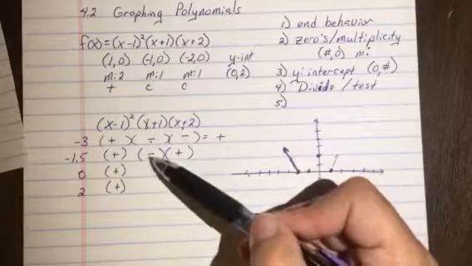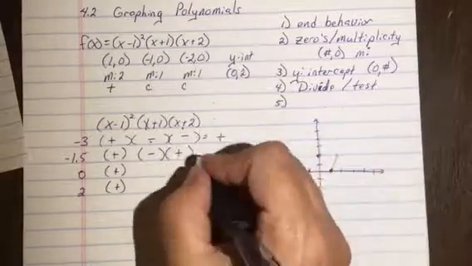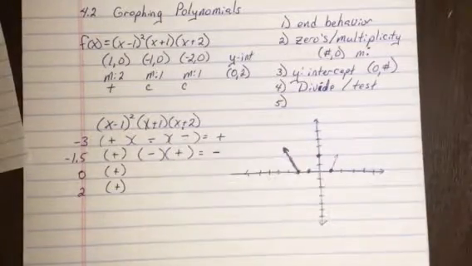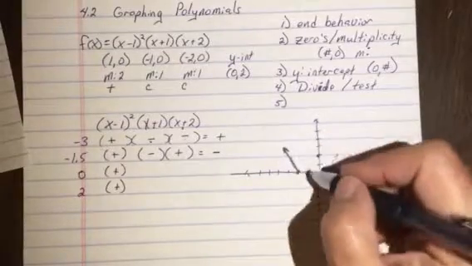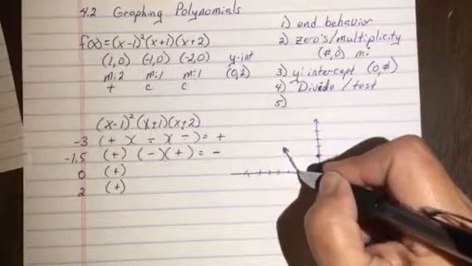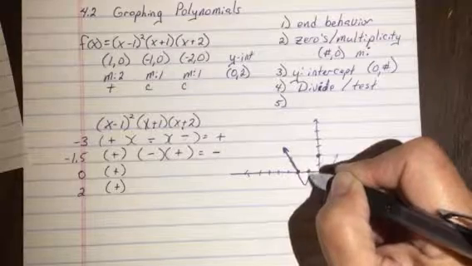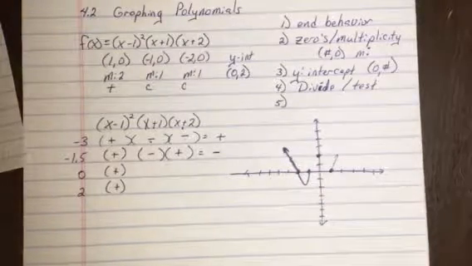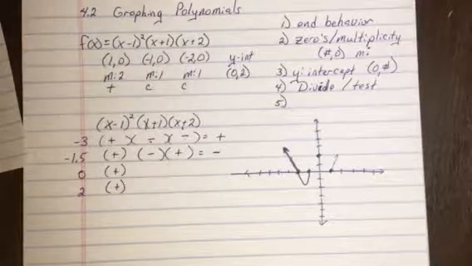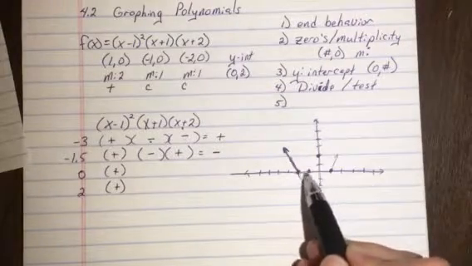A positive times a negative times a positive equals a negative. So that means my graph at this point goes below the axis. How far down? Don't know, don't care. So I make a little dip. And I know it's a little dip because there's not much space between here and here.